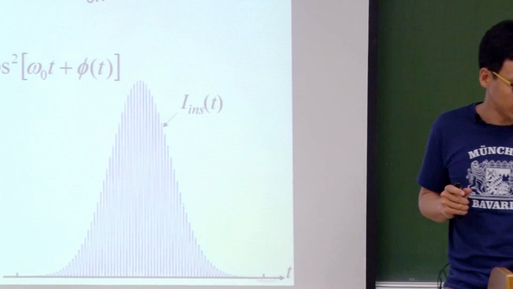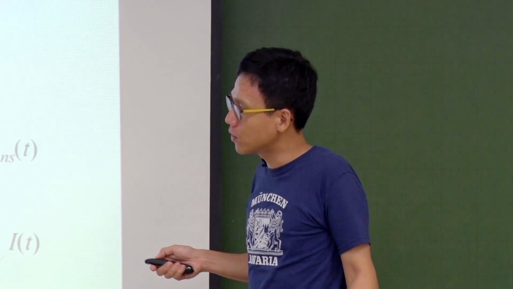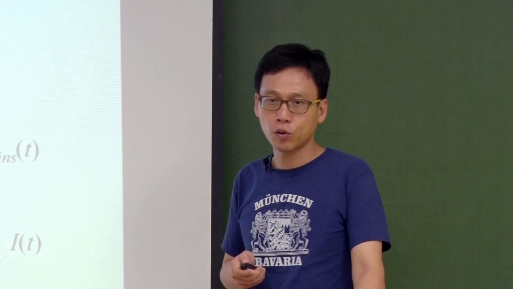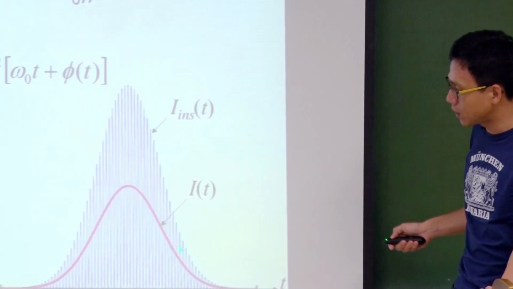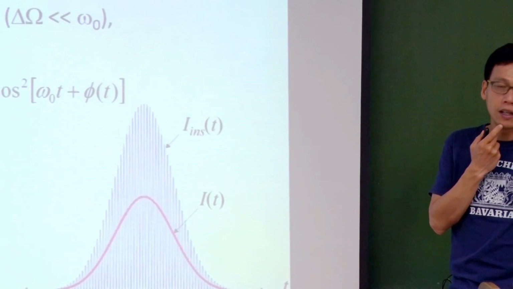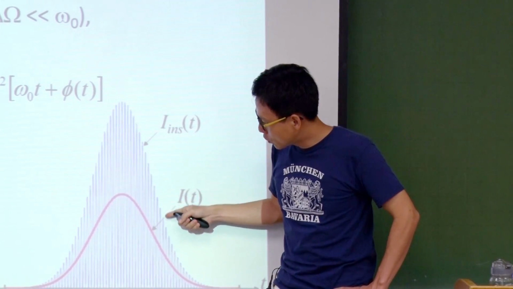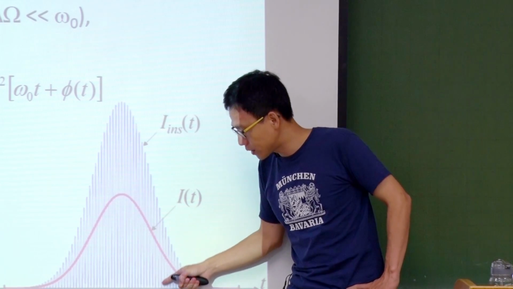The second case is the envelope intensity, which is the absolute square of the small a, a function of time represented by the red solid curve here. The meaning is, for each optical cycle you have up and down, right?